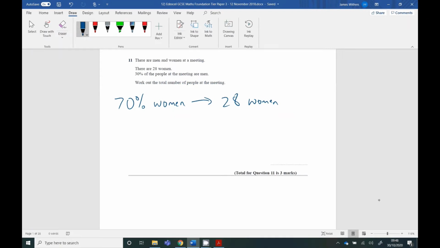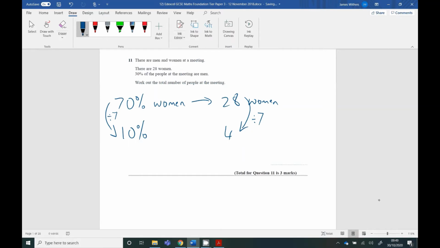So I think I'm going to, on this occasion, just work out what 10% would be. So how do I go from 70% to 10%? I divide by 7. So 28 I need to divide by 7. 28 divided by 7 is 4. So 10% would be 4 people.